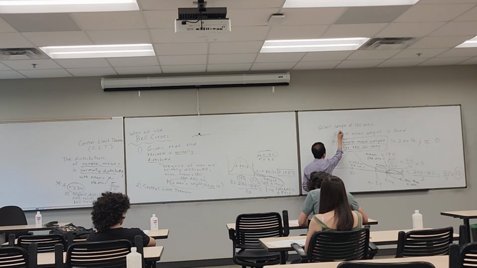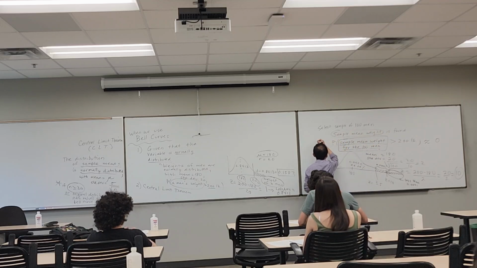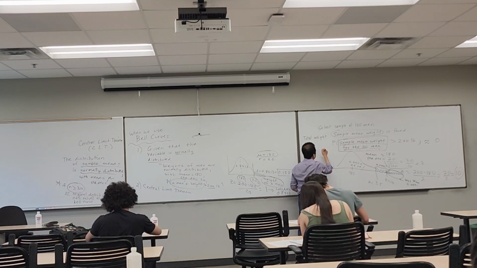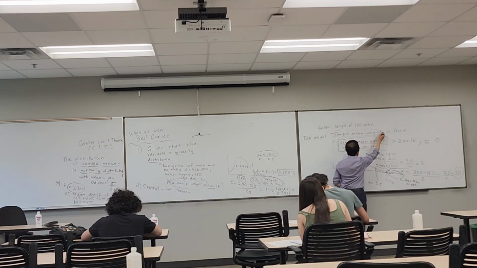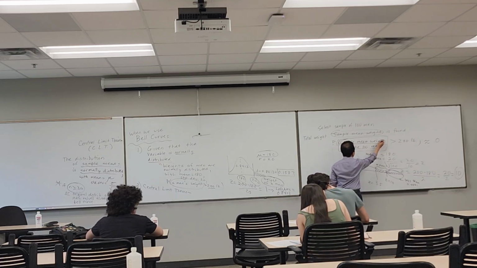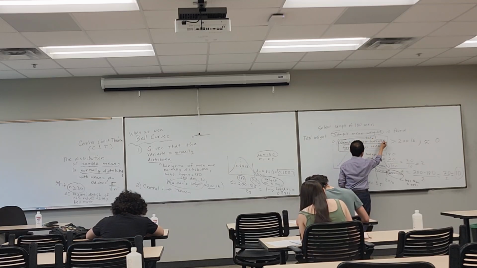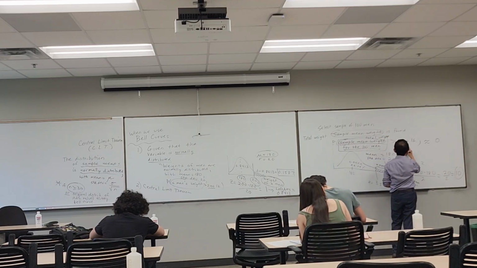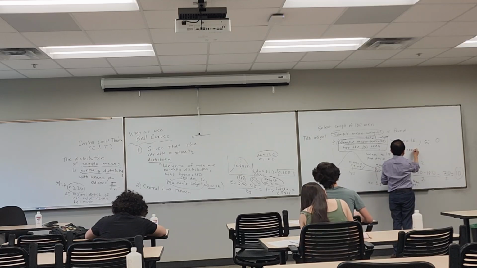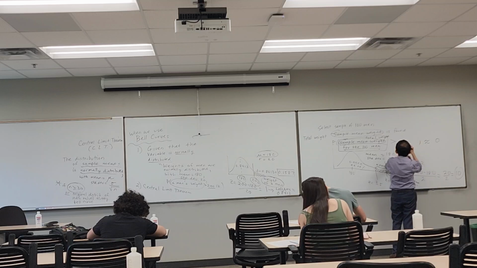And so instead of the sample mean weight being found, let's say that the total weight is found. And so then our question is, what's the probability that that total weight is more than, let's say, 19,000 pounds.